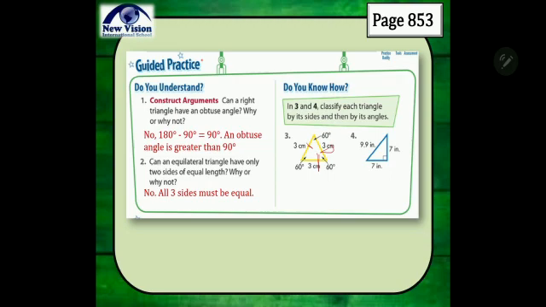And the angles, 60 degrees, which is acute angle, 60 degrees, acute angle, and 60 degrees, acute angle. So that means this triangle is an equilateral acute triangle. Next, for number 4, we have two sides that are equal, 7 inches, and one right triangle. So this triangle is an isosceles right triangle.